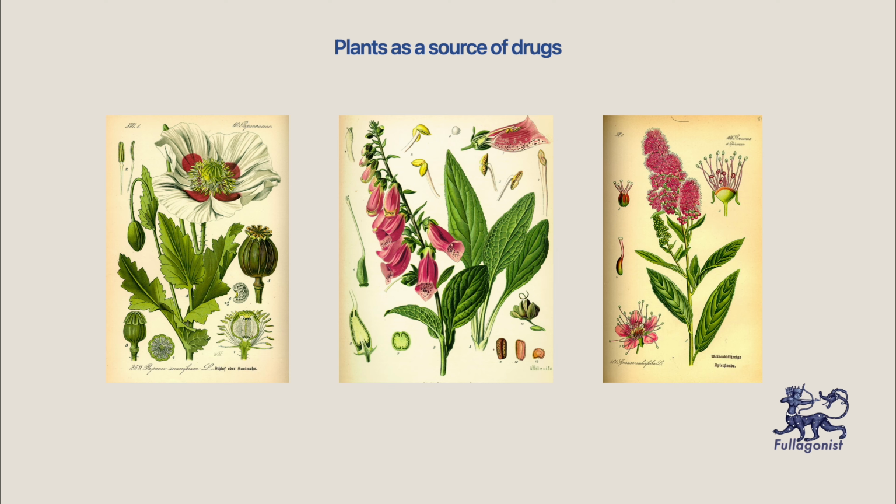Nowadays, we have synthetic derivatives of active chemicals from plant or animal sources. For example, scientists discovered that Brazilian pit viper venom contained a peptide that could lower the blood pressure by inhibiting angiotensin-converting enzyme, and they created the inhibitor of the angiotensin-converting enzyme, captopril, a very popular antihypertensive drug nowadays.